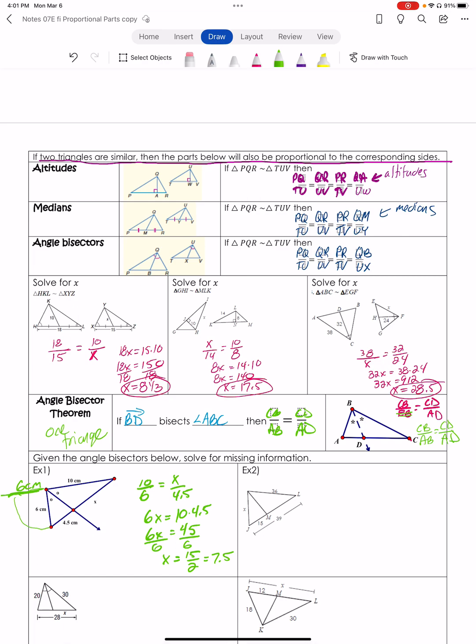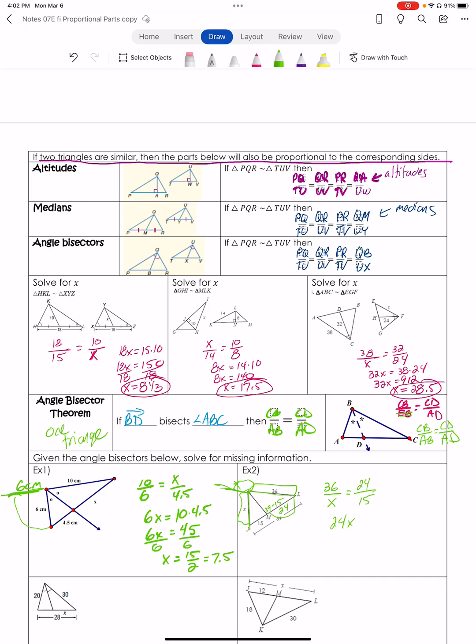For this one, again, I just take this x and flip it out. Basically it's whole side over whole side. So this is going to be 36 over x is equal to, well, this is going to be 39 minus 15, which is 24, so top over bottom equals 24 over 15.